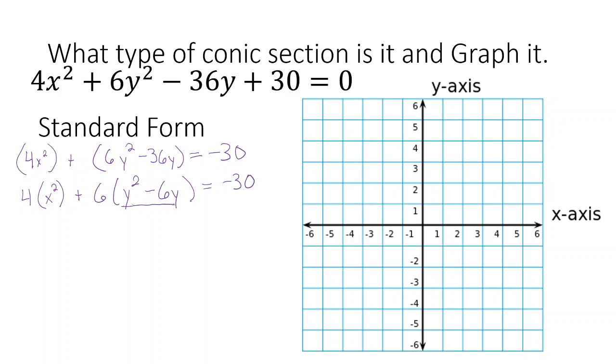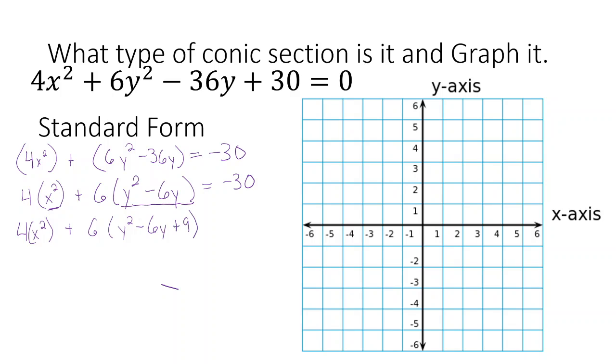Right here, the x term doesn't have anything that needs completing the square, but on the second one I'd like to complete the square. So we've got 4x squared plus 6 times y squared minus 6y. Now if I take b divided by 2, I get -3. And I square it to get 9.